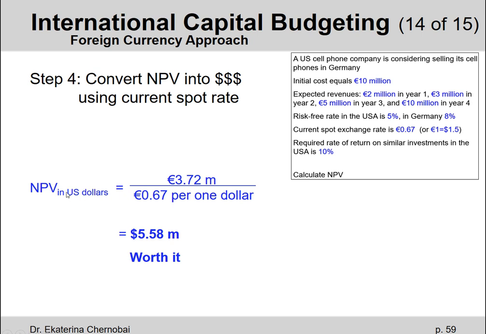You could also do this last step using the other exchange rate version, $1.50 per euro. But in that case, you would need to take 3.72 million euros and multiply by $1.5 per euro. But that would also give you $5.58 million as the answer.